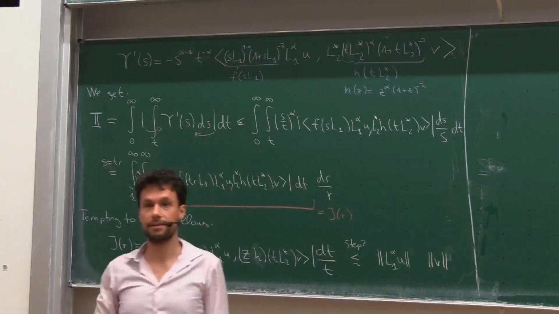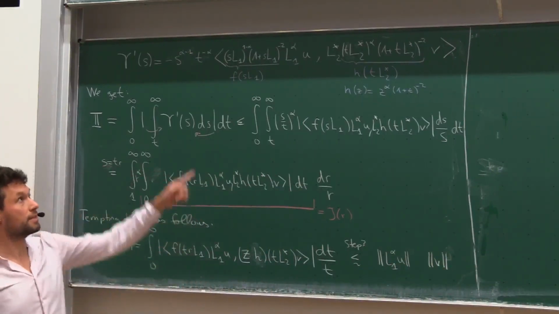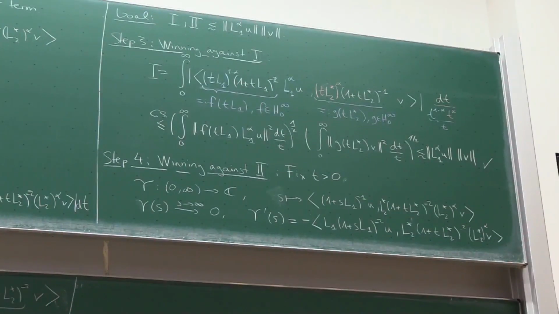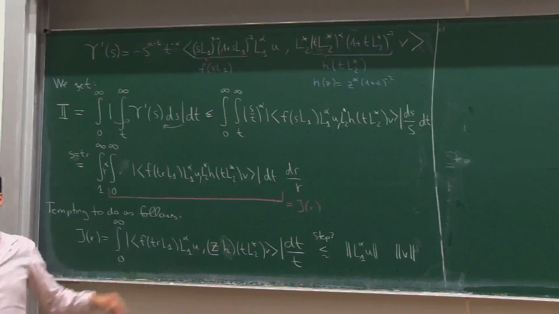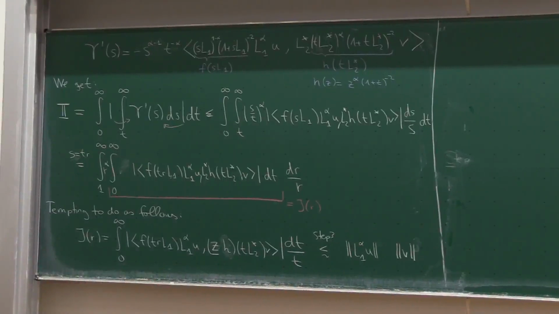And are we happy with that? This is precisely copy-pasting what I did over there. Cauchy-Schwarz, quadratic estimates, the only difference is that I additionally substitute tr as a new variable s, but dt over t is ds over s. So it works out, it gives me precisely that. Do you think that's good enough or not?